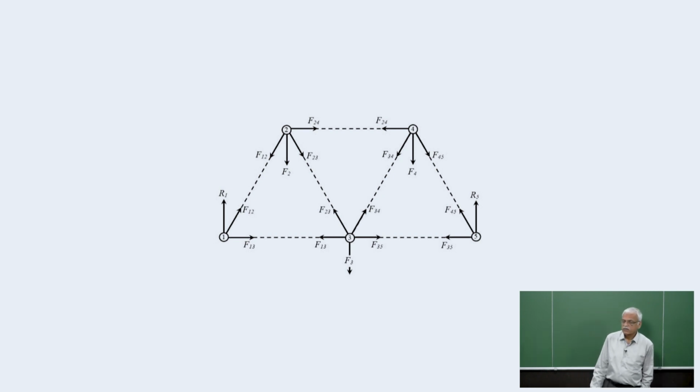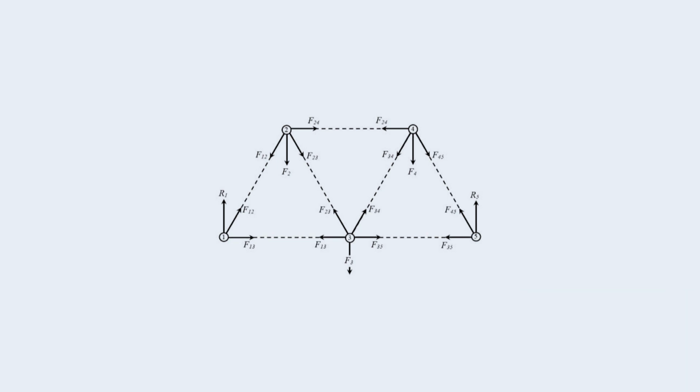The basic important thing here is to realize that under this kind of assumption, each member here is going to carry only axial forces. Okay, so this is the basic introduction for the following analysis.